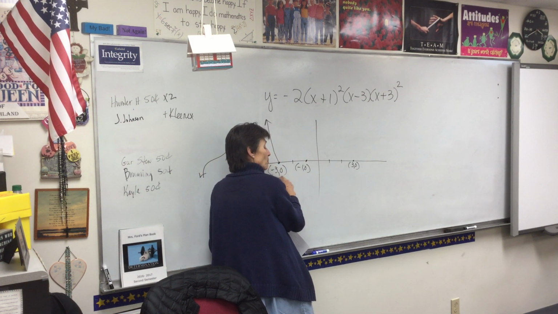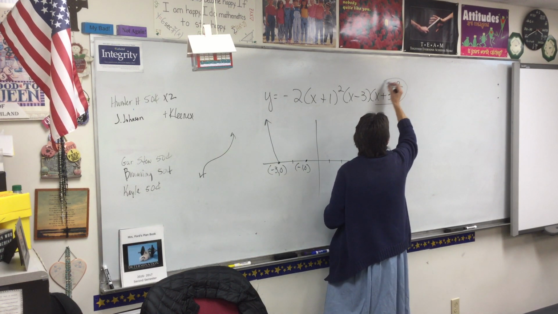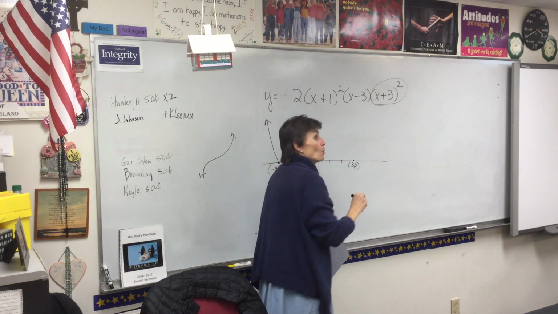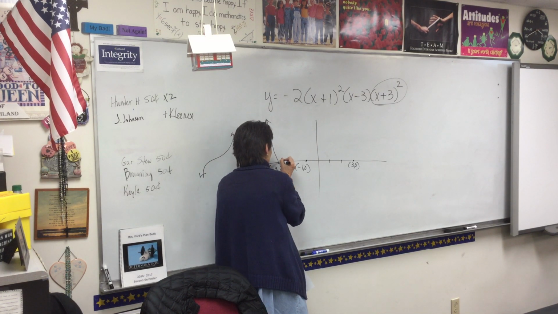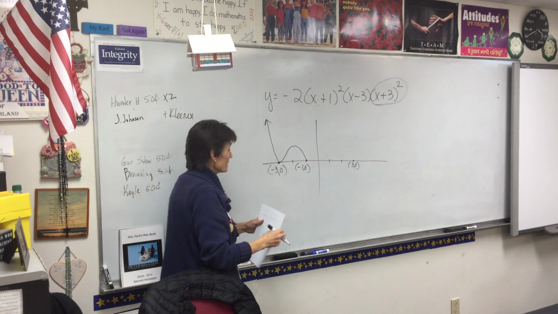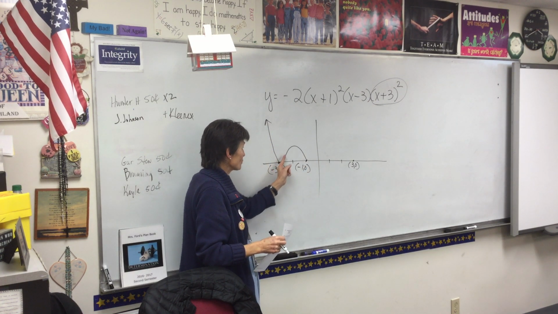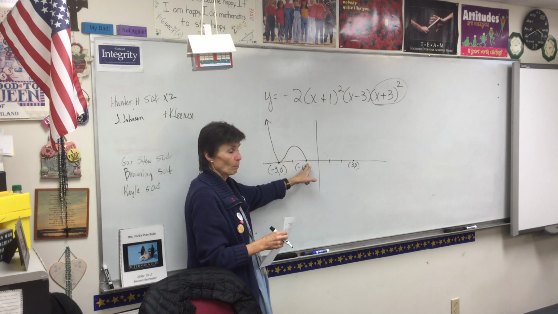Now, when it hits this point, you should be looking up at the problem and paying attention to where this point came from. This point came from here, which is squared. What does that mean? That means it's going to bounce right off. Doesn't cross through, it bounces right off. All right, and then of course it connects to the next point.